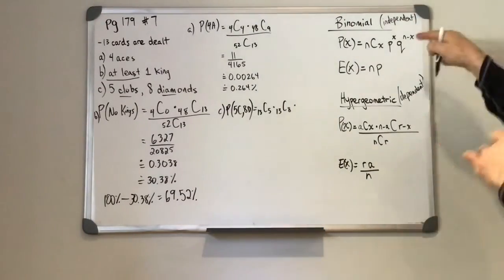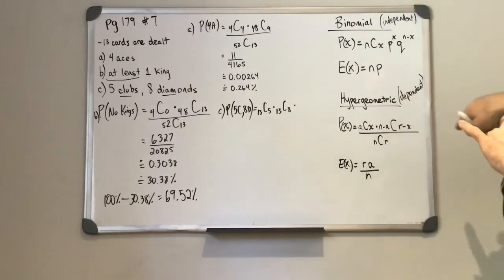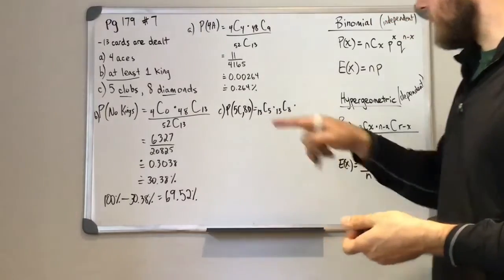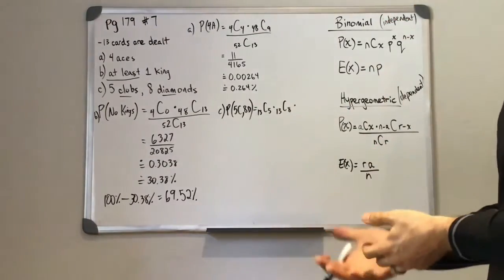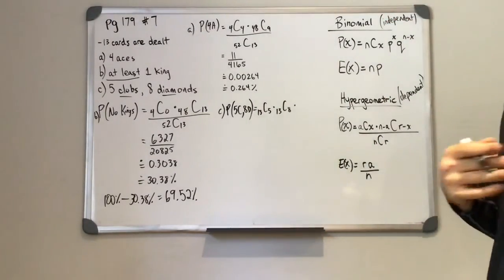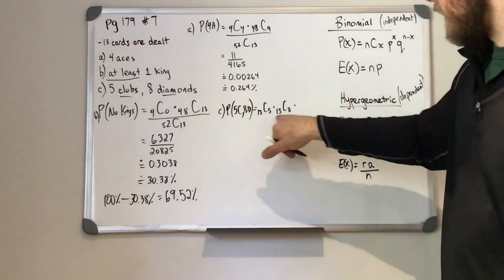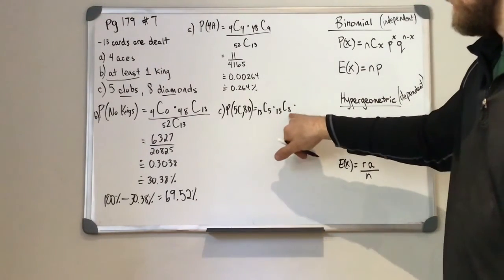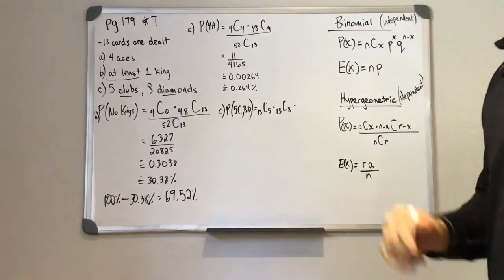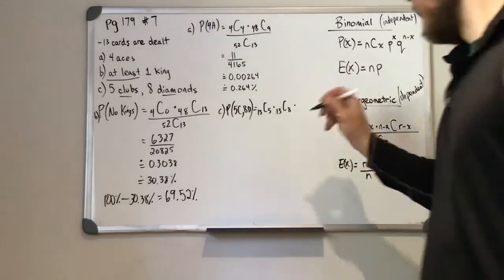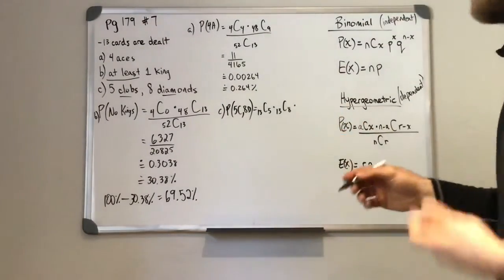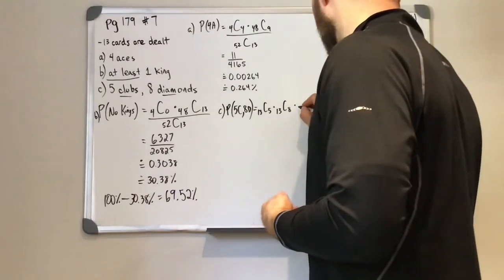This is going to end up looking a little bit different than our formula, but here's what's happening. We have to account for the remaining cards. In this case, we've got exactly 5 clubs and exactly 8 diamonds, so there are no cards left to play. But I'm going to put this in here as a placeholder just to make a point.